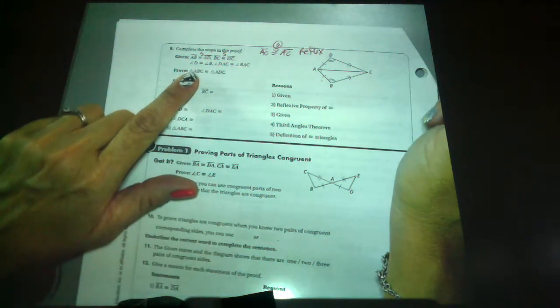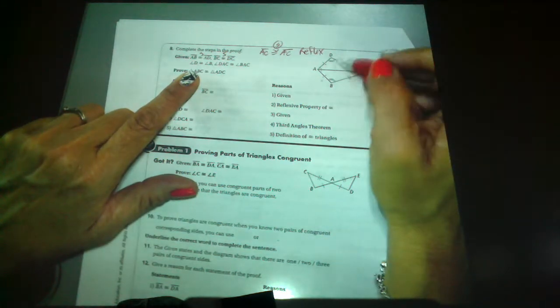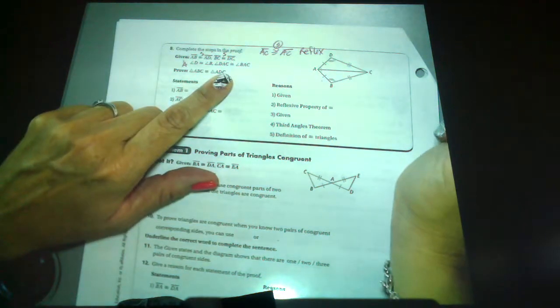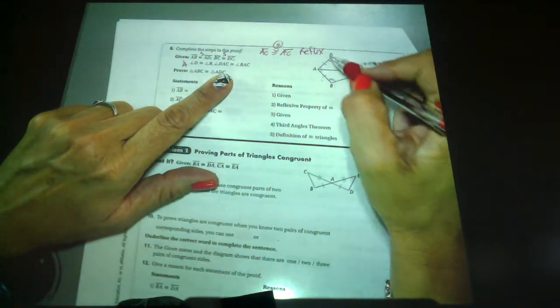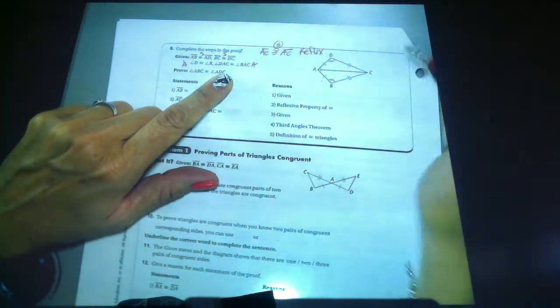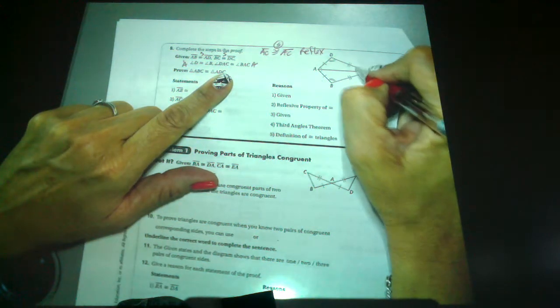But then they also give you that angle D is congruent to angle B, so that's an angle. Then DAC is congruent to BAC, that's another angle. How could I prove that angle DCA is congruent to angle BCA?